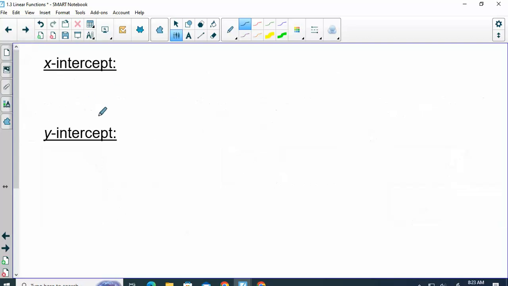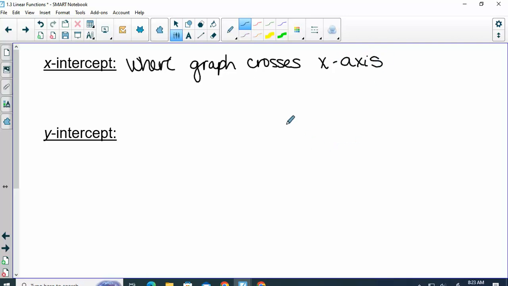What about x and y intercepts? What is an x-intercept? What crosses x? It crosses the x-axis.